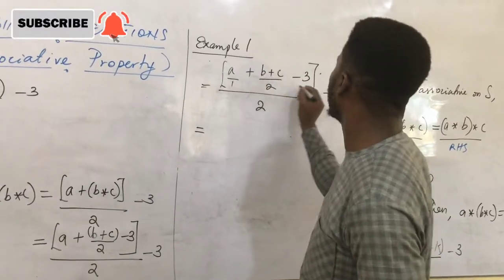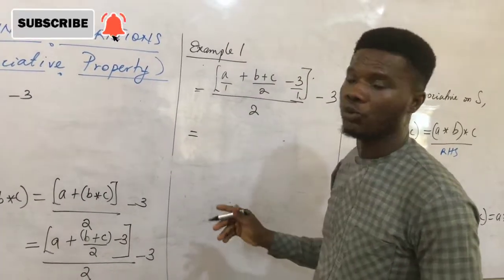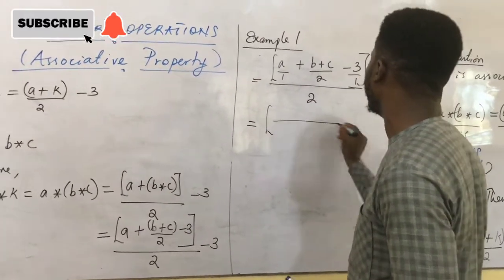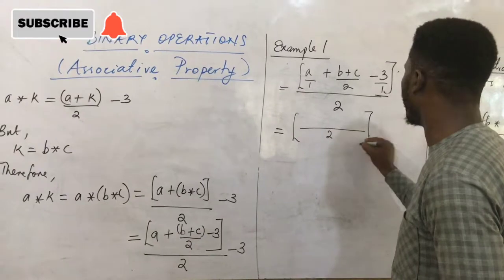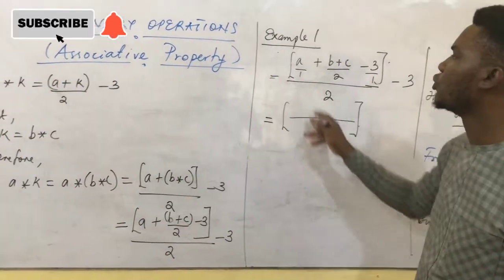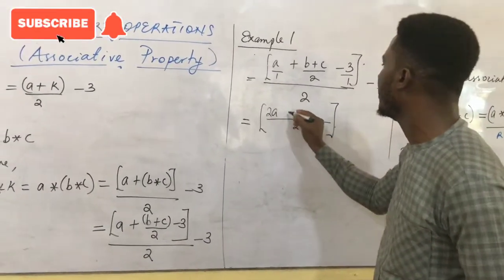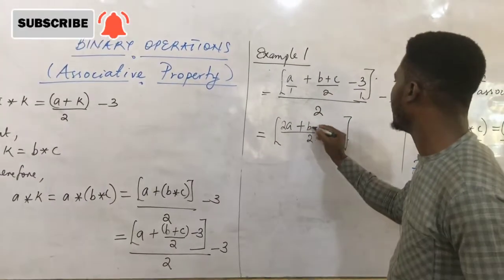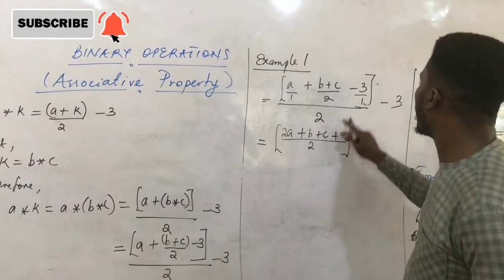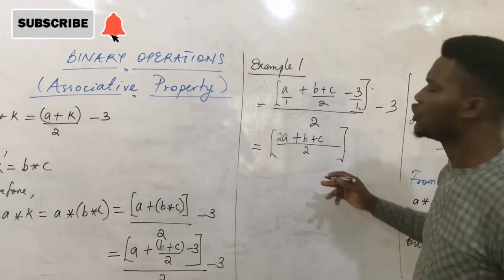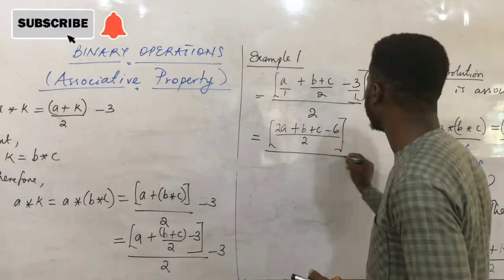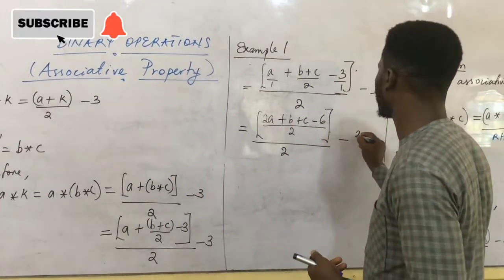Clearly, this is over 1, this is over 1, so the LCM of 1, 2, and 2 is 2. Now, 1 in 2 gives you 2. 2 times A is 2A, plus 2 in 2 gives you 1. 1 times B plus C is B plus C, minus 1 in 2 is 2. 2 times minus 3 will give you minus 6. And all this over 2 minus 3.